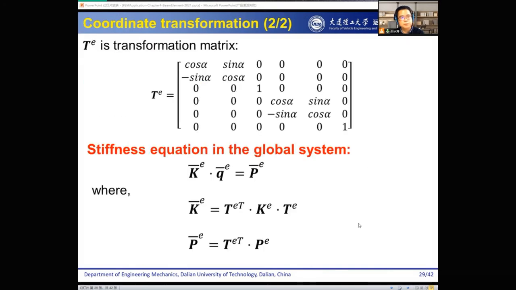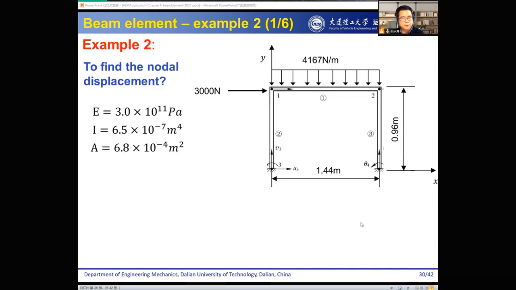Now we know how to transform different beams into the global system. Then we can solve a more complex scenario. For example, here for this scenario, we have 3 beams in different orientations. Beam 1 is along the x direction. This will be easy to do.